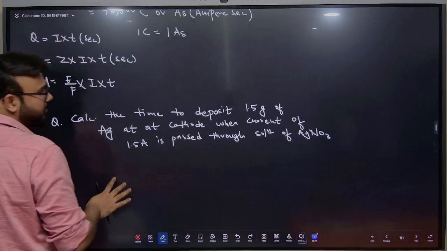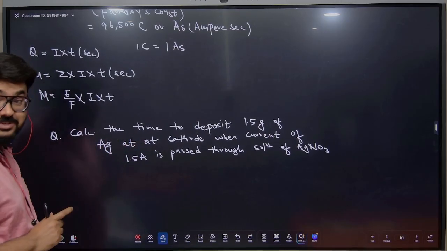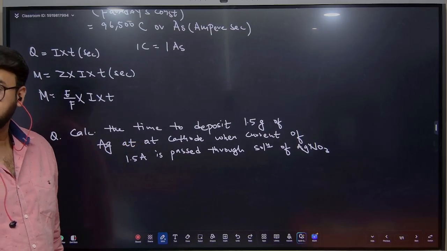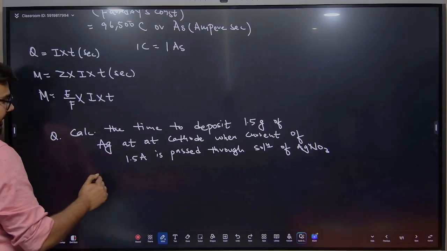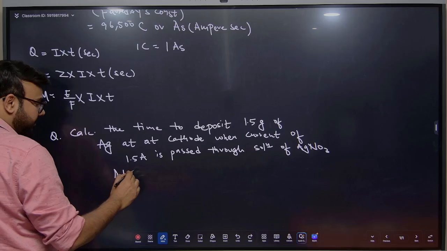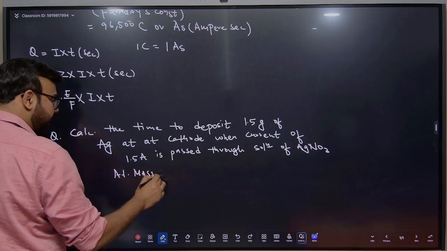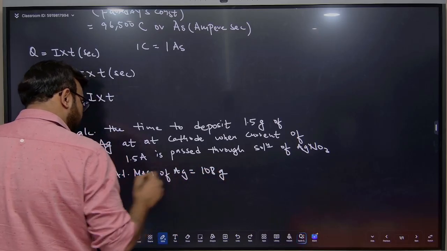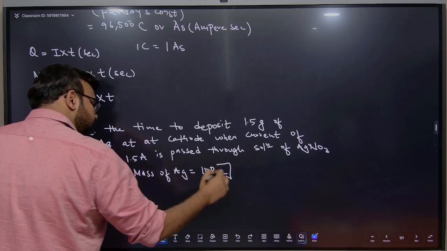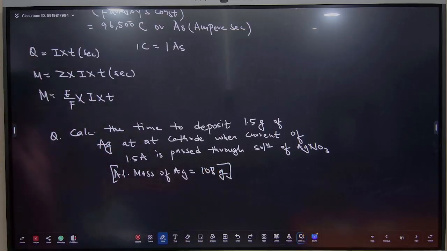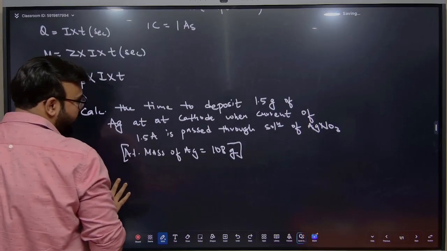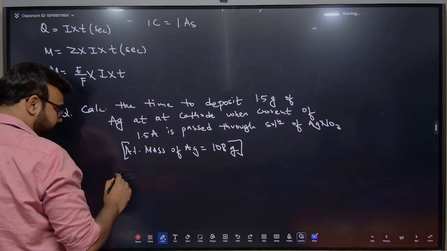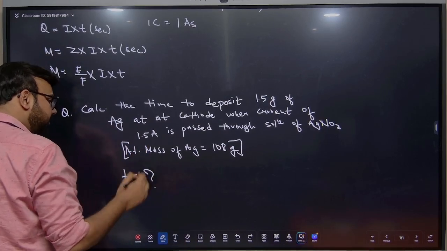Look at this. Your first objective is how to approach the question. Write what's given. Atomic mass of silver will be given, so write it down: atomic mass of Ag is 108 gram. First of all, we need to calculate time.